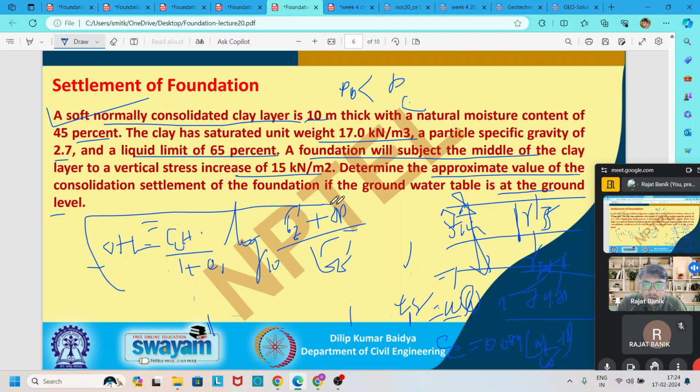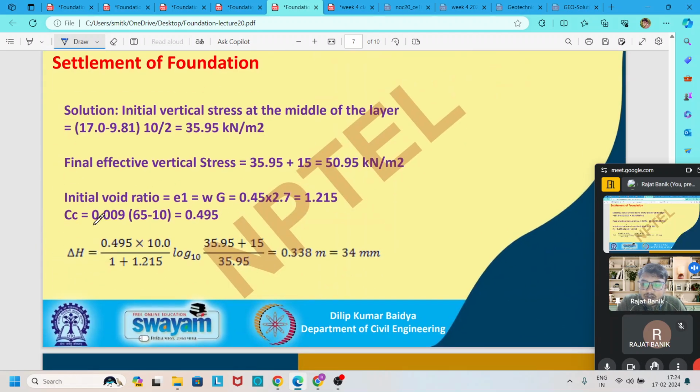By this formula we find out our settlement at the middle of the layer. So the solution is given here. We go through it, and it will become 34 mm. It comes in meter and is converted to mm by multiplying by 1000.